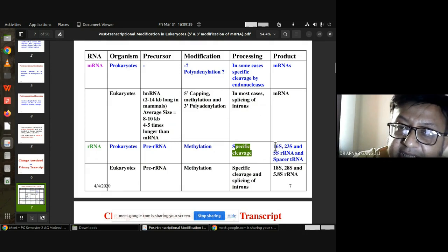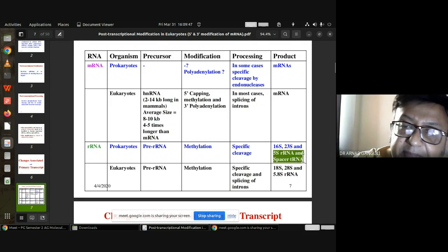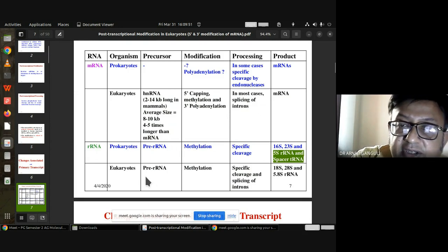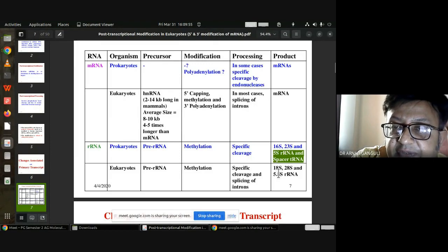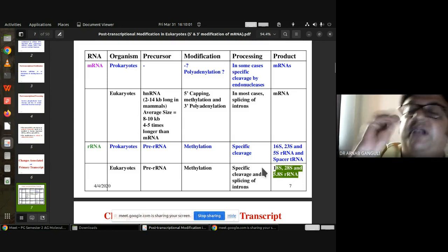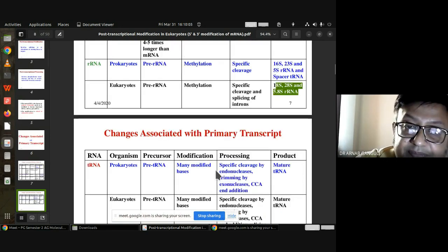Result, you have the 16S subunit of ribosomal RNA, 23S and the 5S ribosomal RNA unit and spacer tRNAs. In eukaryotes, the same thing happens, only instead of 16S, 23S, it is 18S, 28S, and 5.8S. 3 ribosomal RNA fragments are formed.